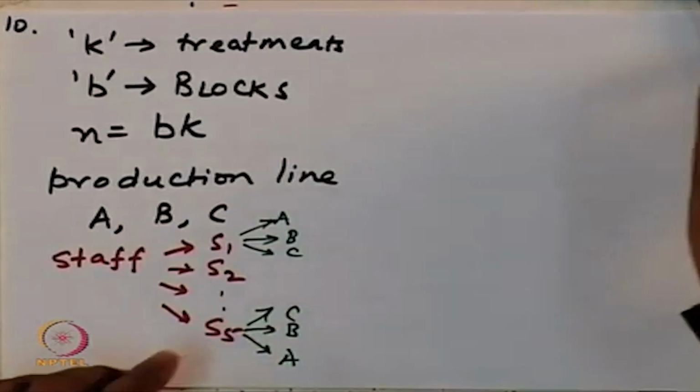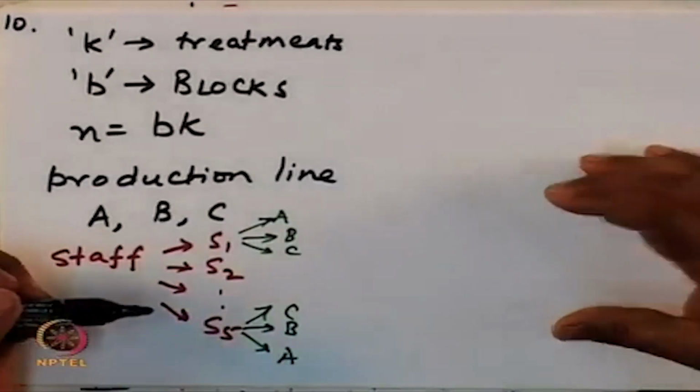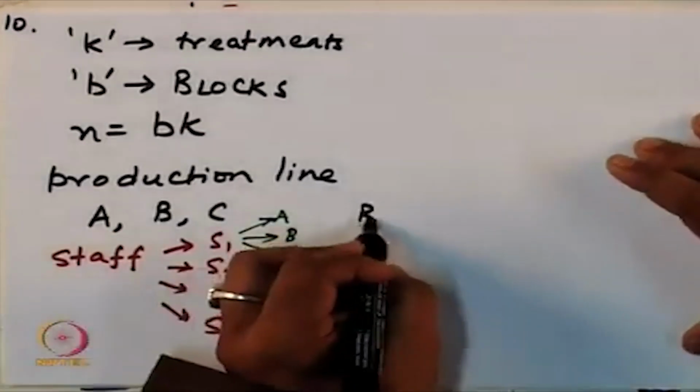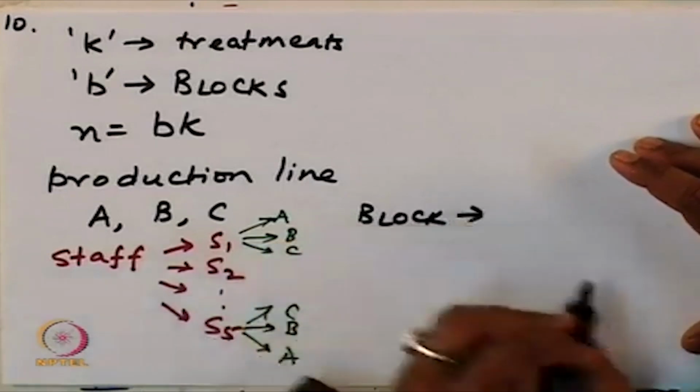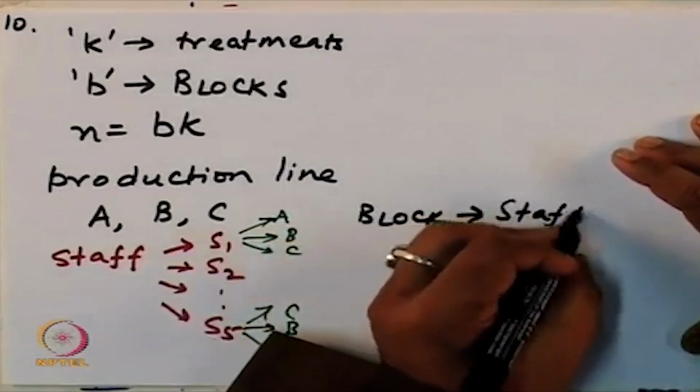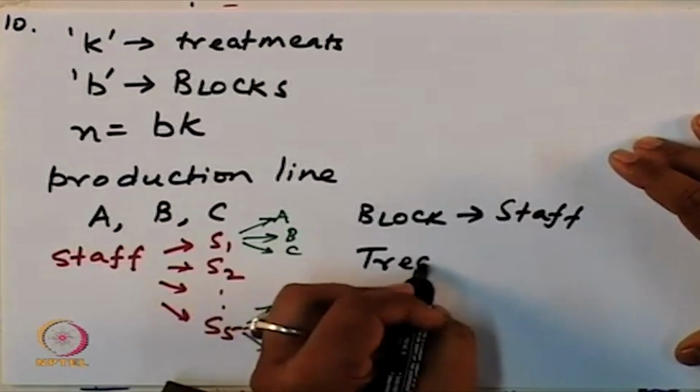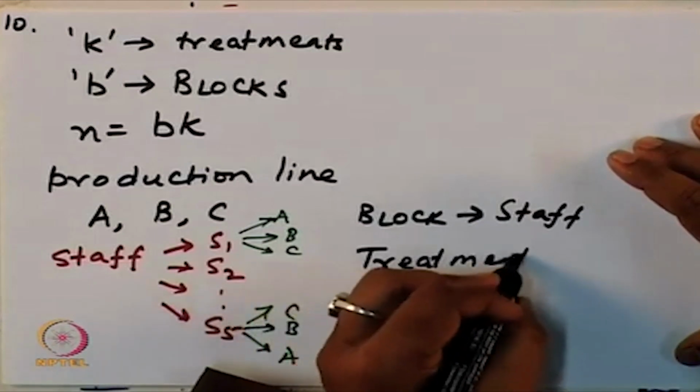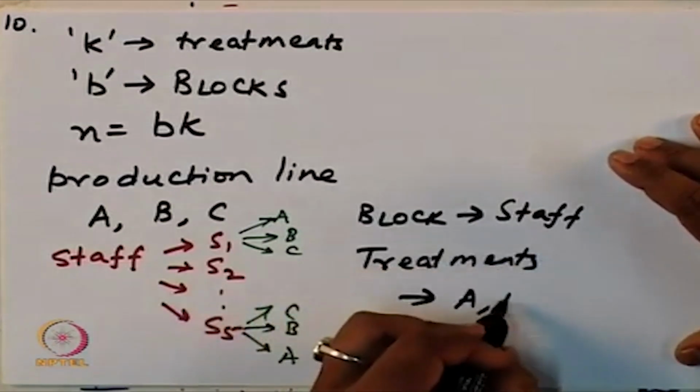So, in this case, you have your blocks, or your staff, and your treatments are A comma B comma C.